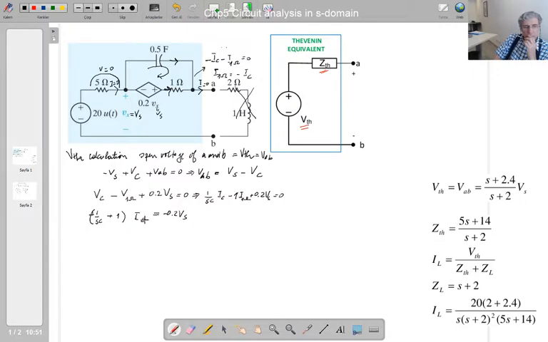Now look at that IC here. From the definition relation, Vc is 1 over SC IC, then IC is SC Vc, isn't it?